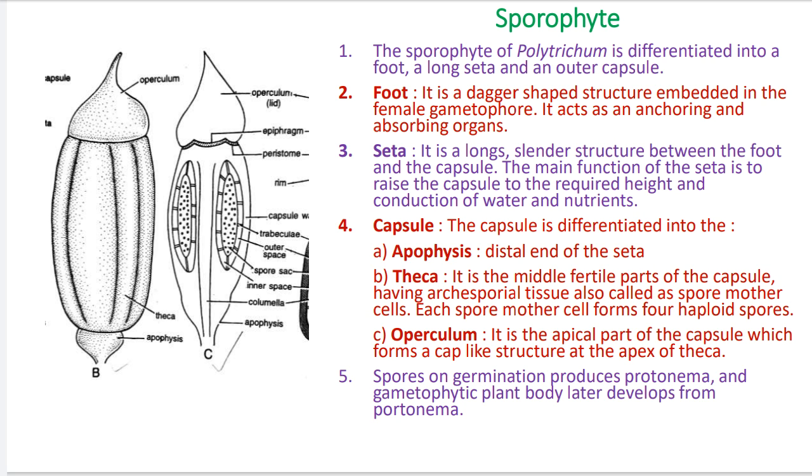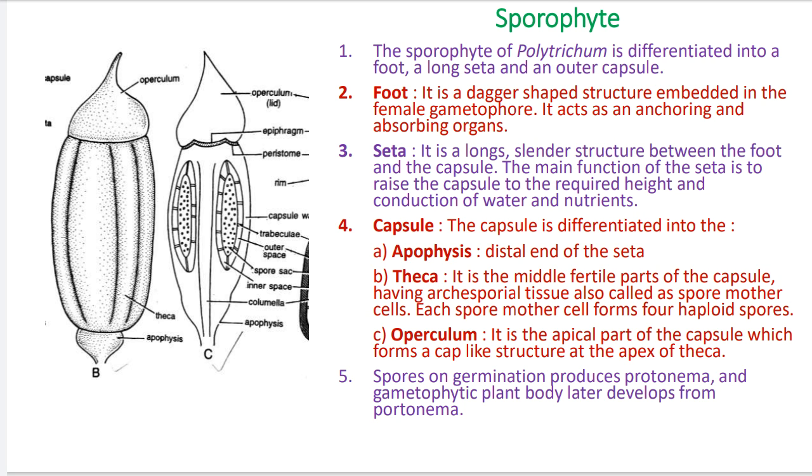It acts as an anchoring and absorbing organ. So the function of the foot is to provide food material to the seta and capsule as well as to give mechanical support to the capsule.